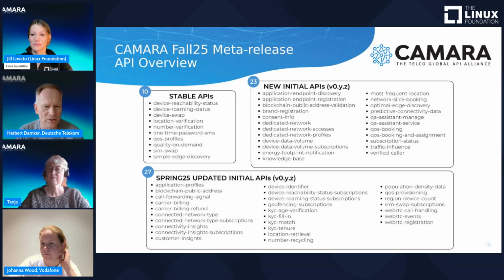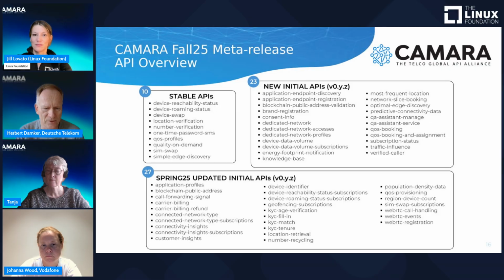But shortly, the grouping here: we have stable APIs, which already have a version number greater than 1.0.0. They were also updated from the last time, but without breaking changes, except, I think, one example where we had a breaking change, and there you now already have version 2.